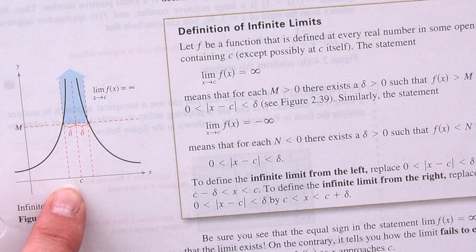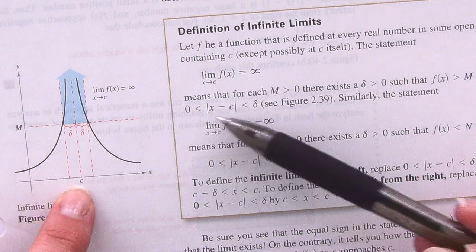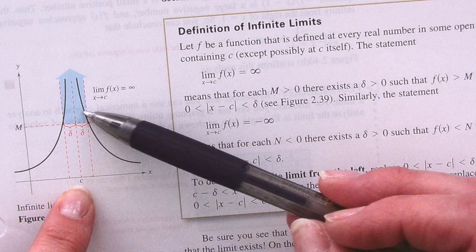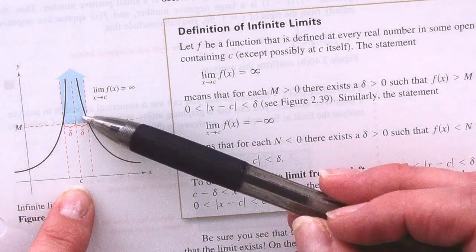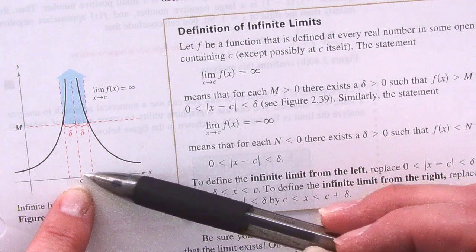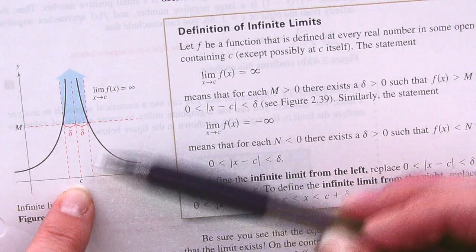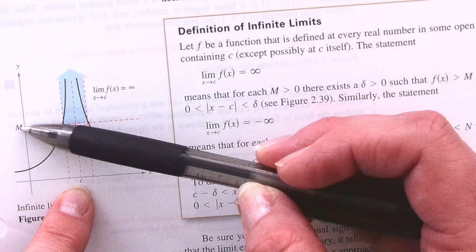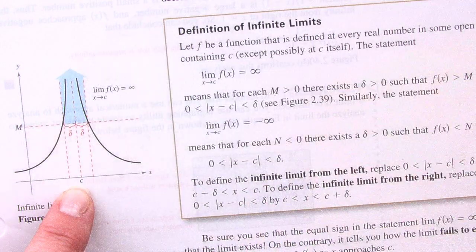Whenever the distance between the x value on this function and c, the vertical asymptote, is less than delta, then my y value is going to be greater than this value m that I picked.